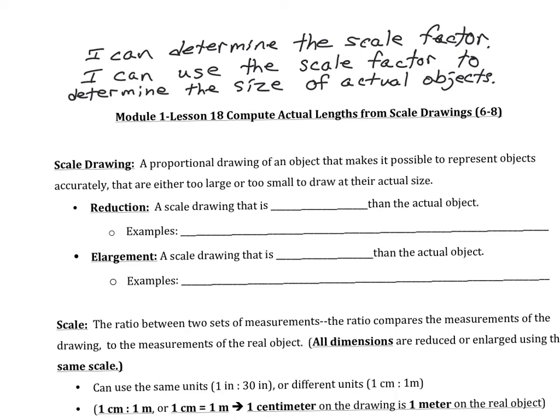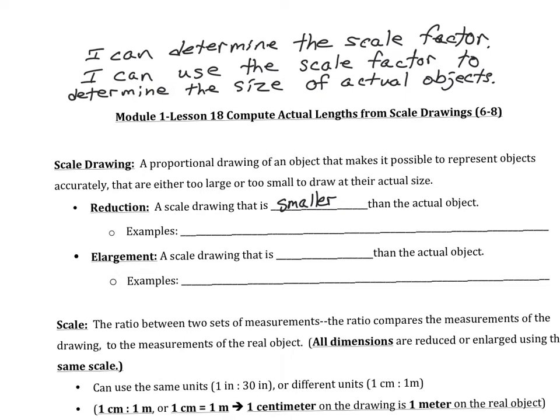Okay, so a couple of definitions here. Scale drawing: a proportional drawing of an object that makes it possible to represent objects accurately that are either too large or too small to draw at their actual size. So a reduction is a scale drawing that is smaller than the actual object.